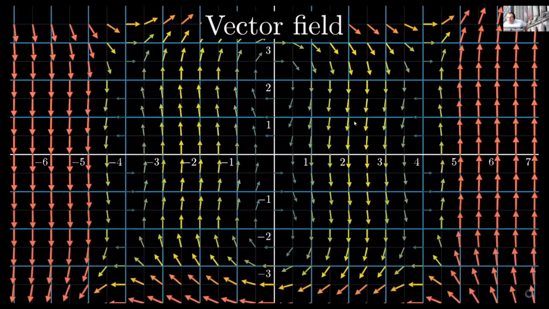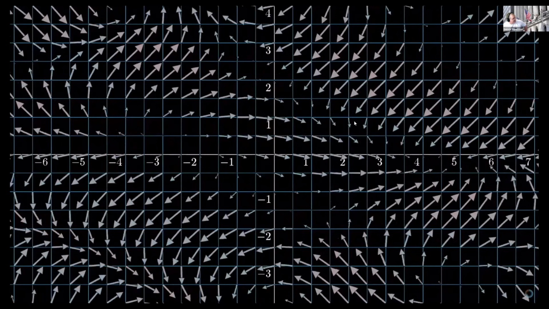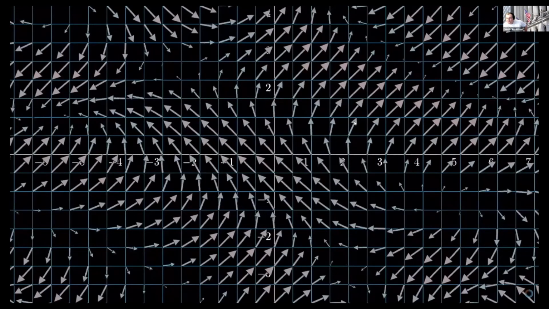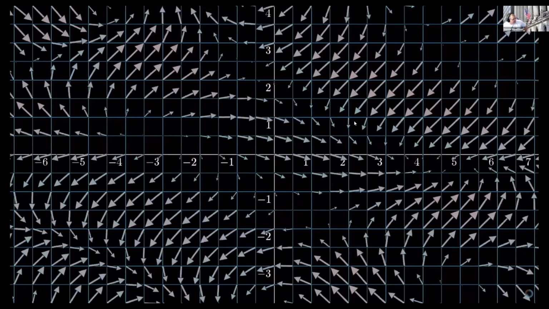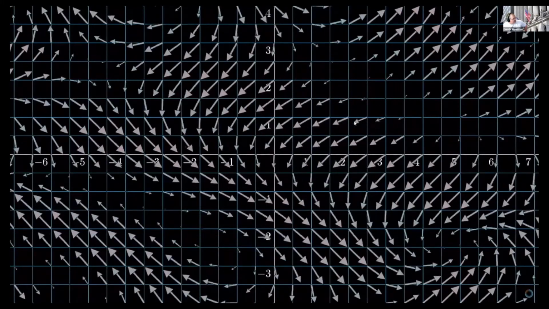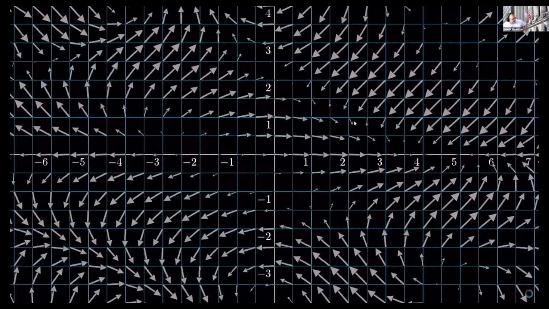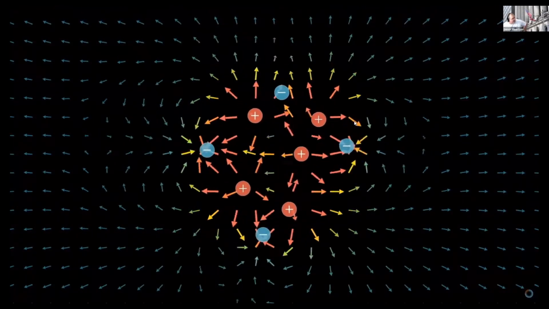So there's a vector field. That's a vector field changing through time. Here's an example of an electric field.